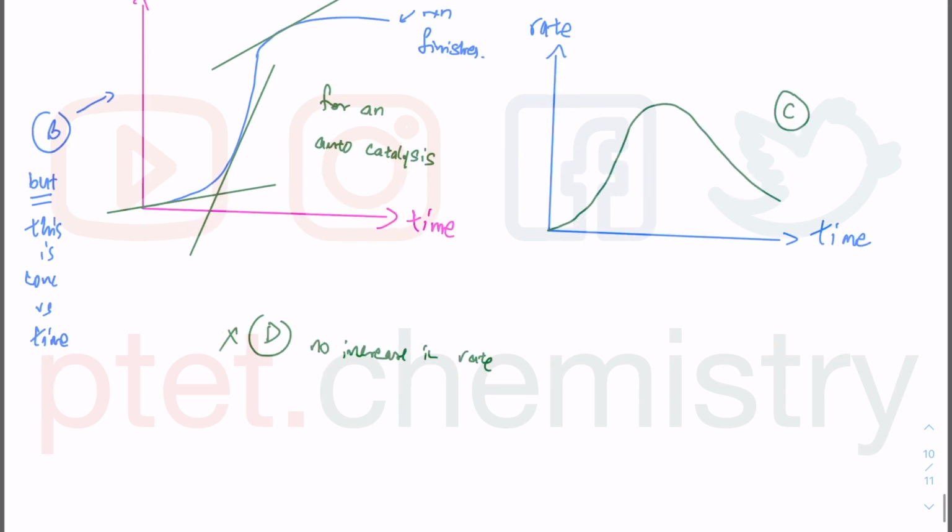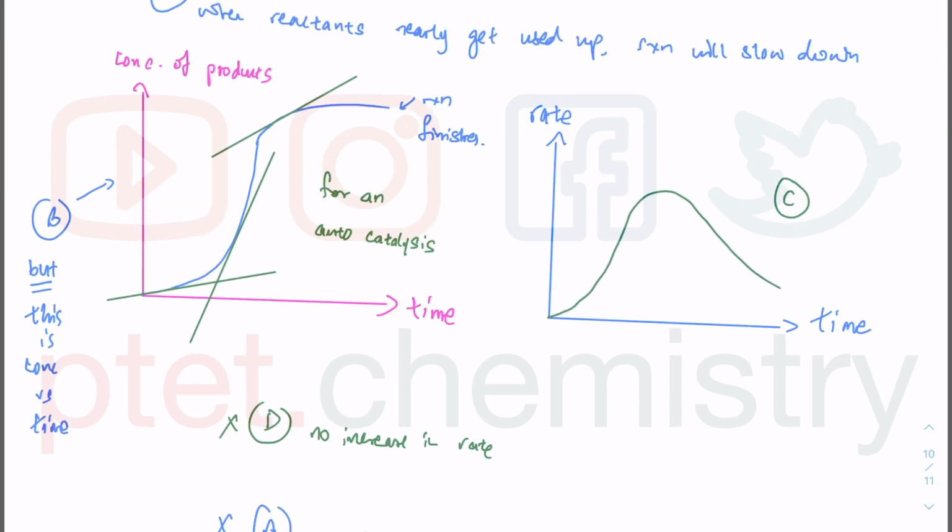It can't be A, because in A the rate increases, but the rate does not decrease. And it doesn't make sense that the rate sustains itself forever, because your reactant will get used up eventually. So the only best option there is C and not B. Careful with B. It looks like this graph, but this is a concentration against time. This is not rate against time.